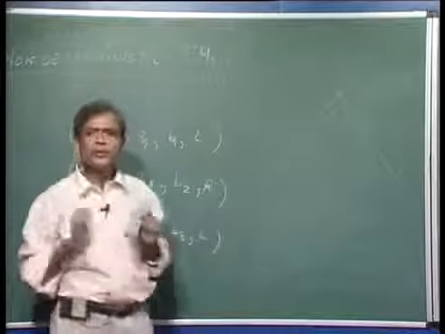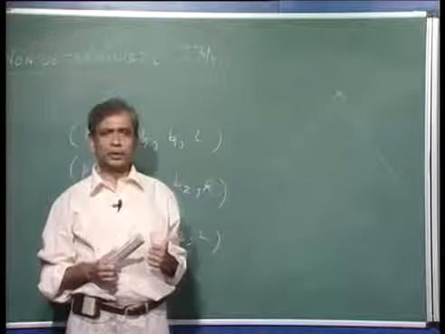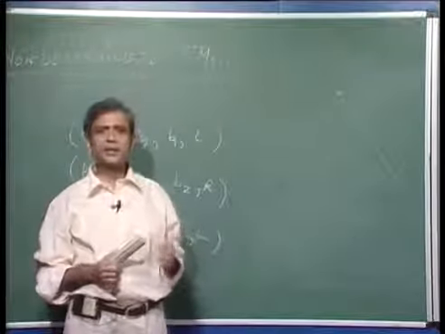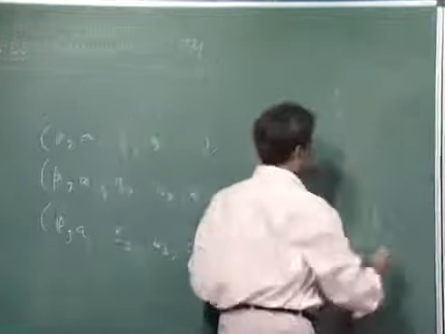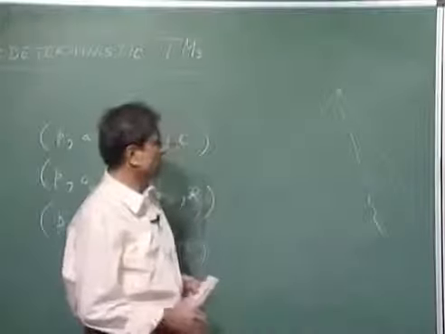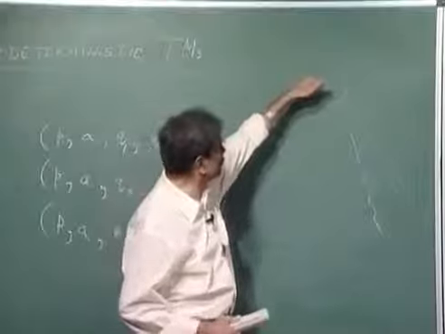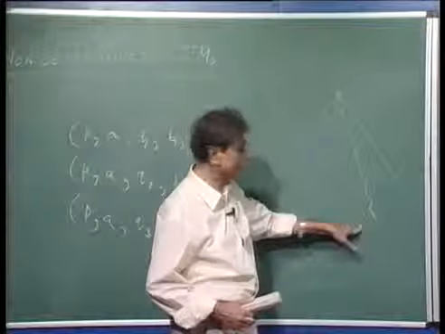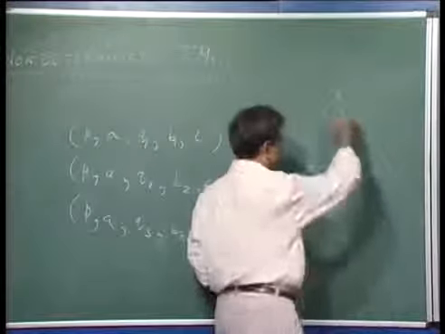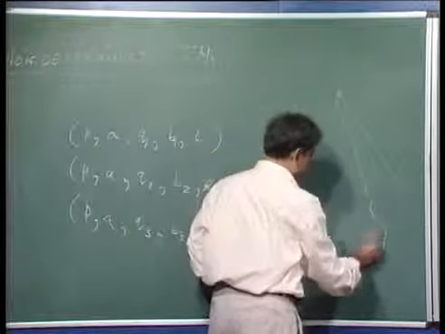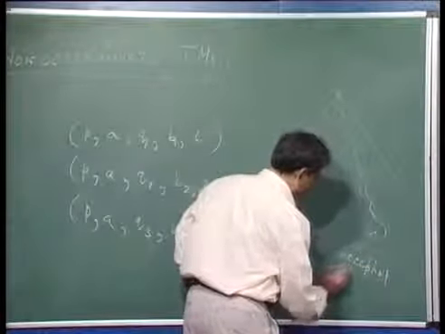Right. So, when do we say such a machine accepts the input? The machine accepts the input if there is a path from the root in this tree such that in that path you reach an accepting configuration.